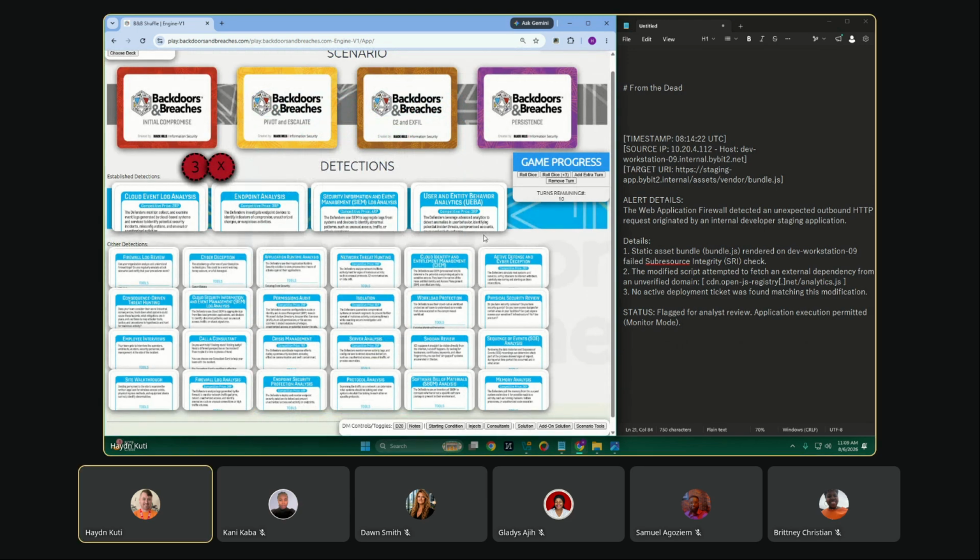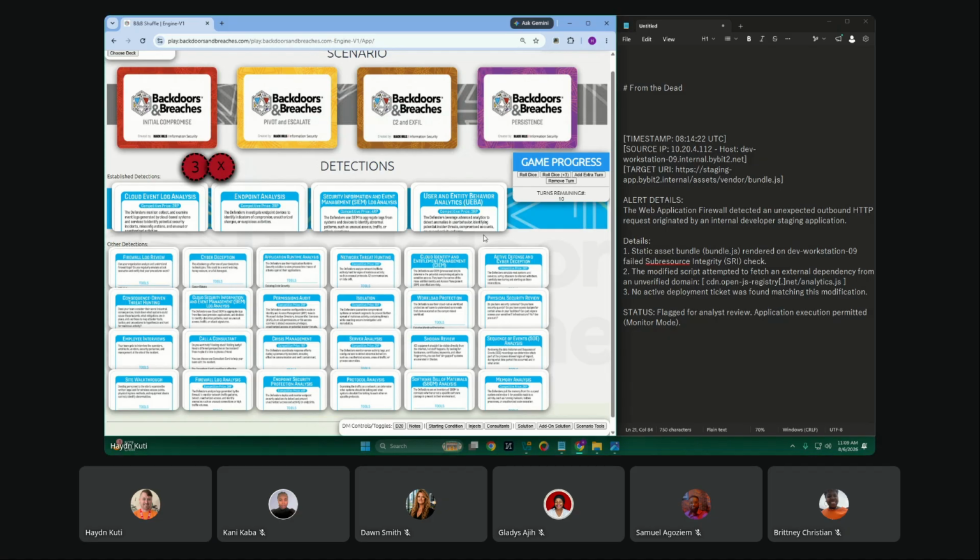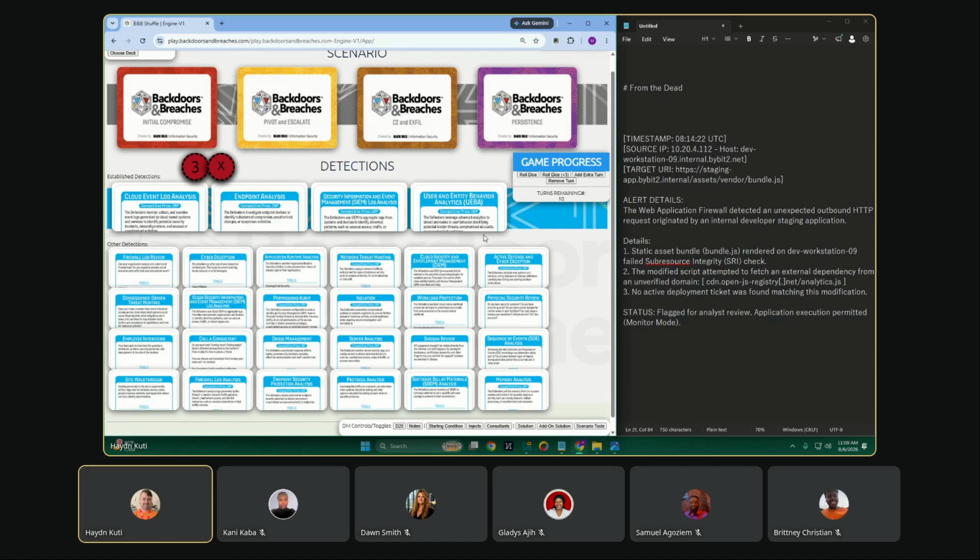We have cloud event log analysis, endpoint analysis, SIEM log analysis, and UEBA, or user and entity behavior analytics, for your established detections.